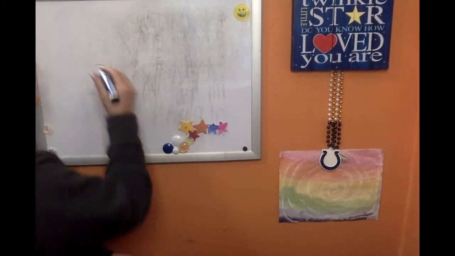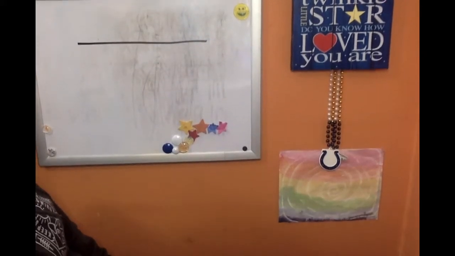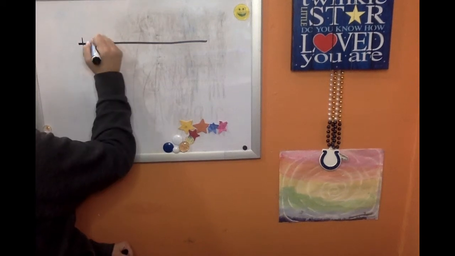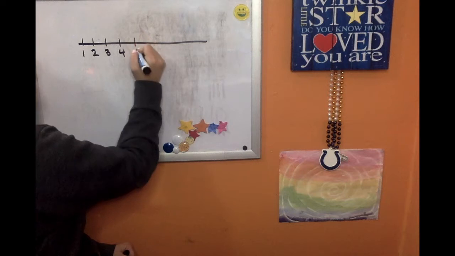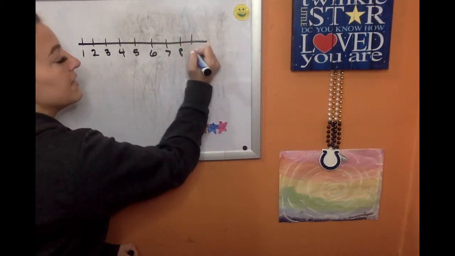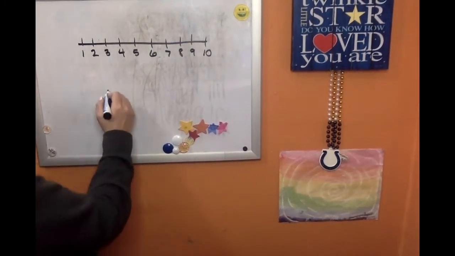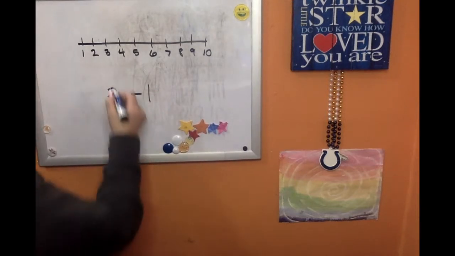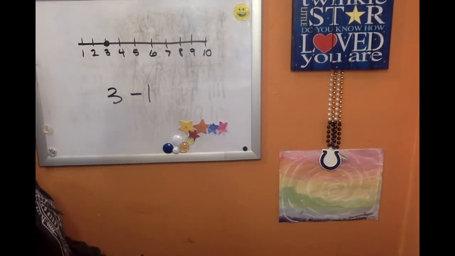Okay, so there is a number line on our math paper, and it wants us to do some subtraction. Remember how we did froggy hops? That's exactly what we're doing with this subtraction. So it wants to know what 3 minus 1 is. On your paper, put a little circle on the number 3.